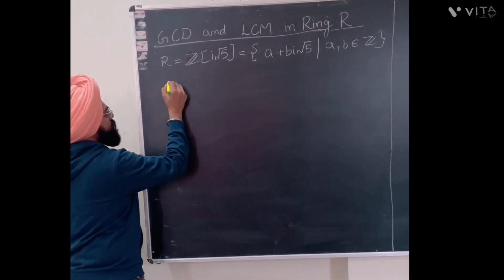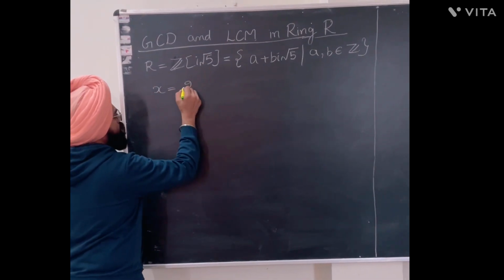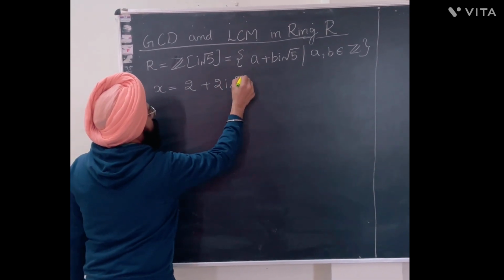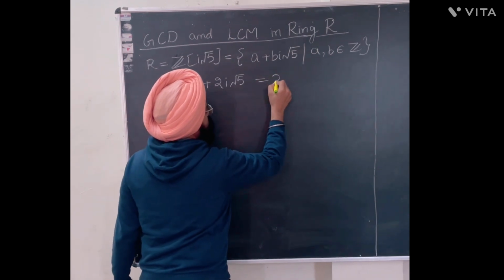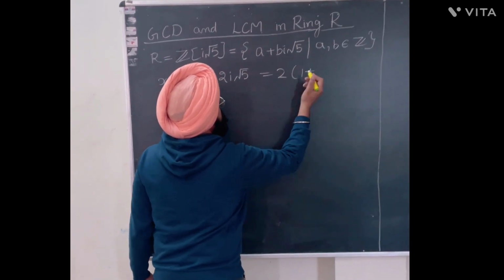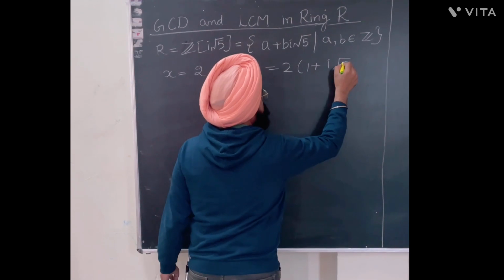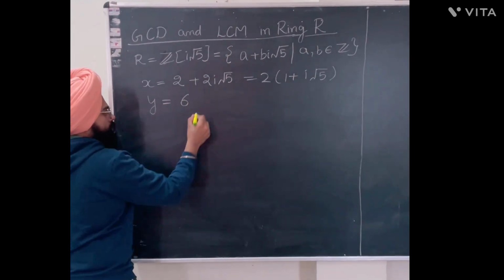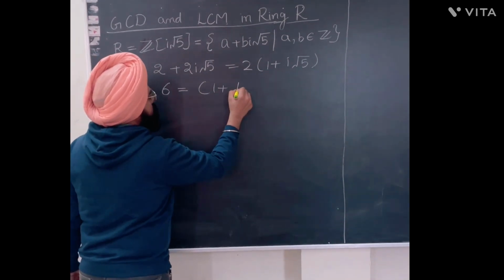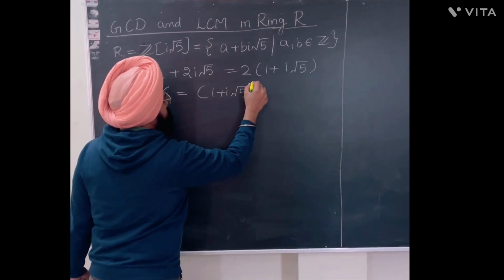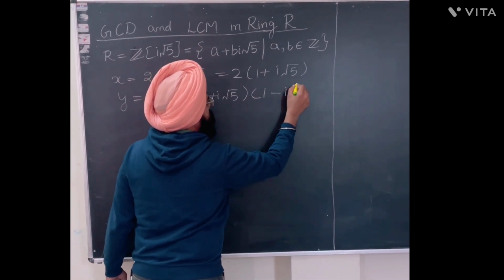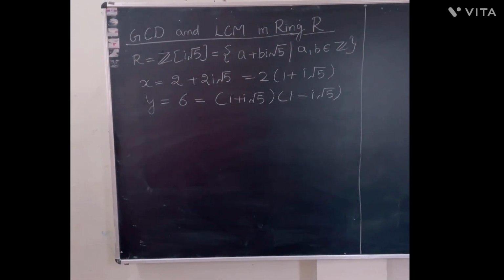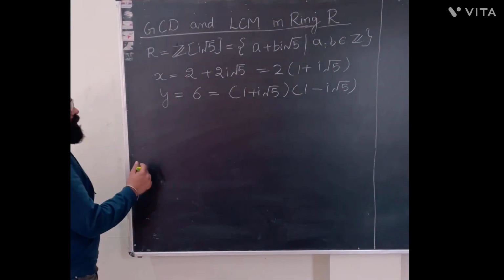So let us consider x equal to 2 plus 2 iota root 5, that is equal to 2 times (1 plus iota root 5). Another number we consider, y, equal to 6, which can also be written as (1 plus iota root 5) times (1 minus iota root 5). Now we will first try to find out the GCD.